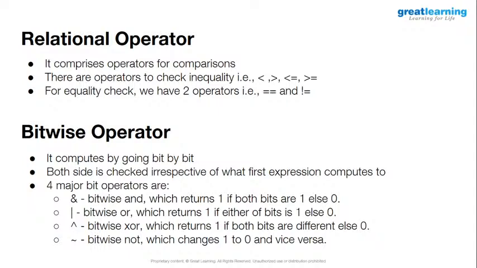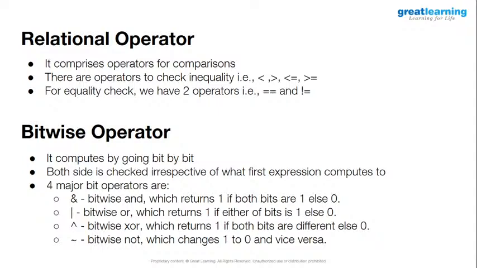Okay, now the XOR, this is the most important, and this is very important in terms of competitive programming, this XOR operator. It returns 1 if both bits are different, else it returns 0. So if we have 1 0 or 0 1, it will give us 1. If we have 0 0 or 1 1, it will give 0.